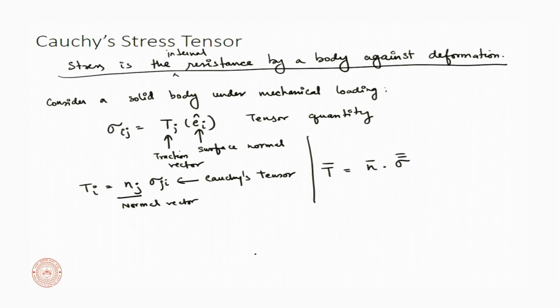Okay, so if we look at this i and j component, so i component determines the direction of the force or traction. j determines the direction of the plane.